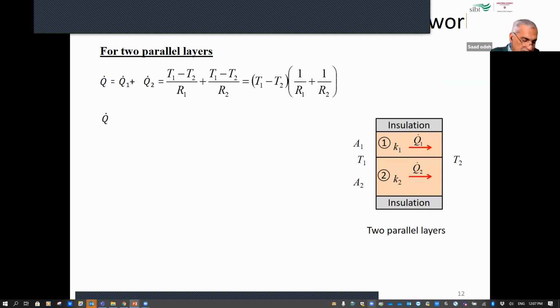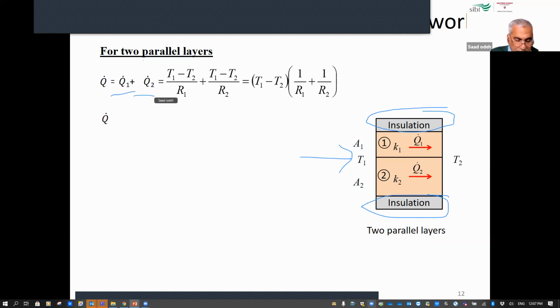As you can see, if I say this insulation means there is no heat transfer at all, so we just ignore these two parts now. We just take the inside Q1 and Q2. So Q total from these two is Q1 plus Q2.